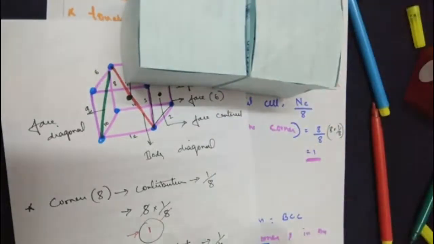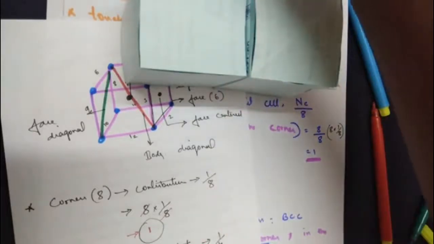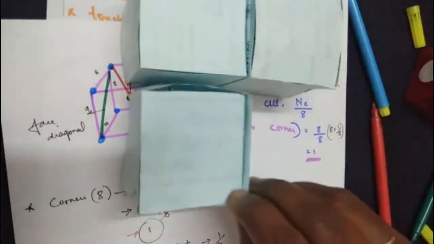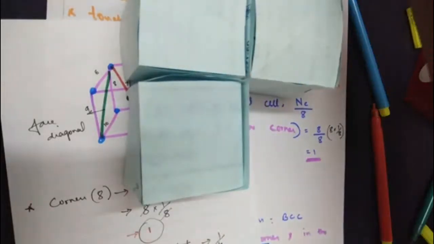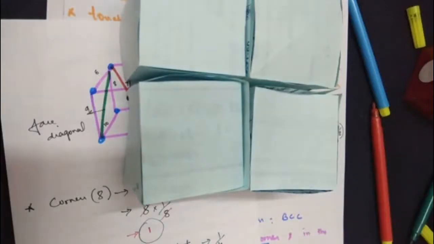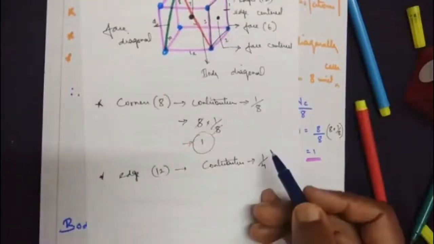Still, it's a 3-dimensional pattern we are talking about, so the structure is not completed. One more unit is being shared here, and similarly one more unit is being shared. So what's the point we are trying to say? For one edge, 4 units are sharing 1/4 of their edges to make a whole unit. So the contribution by the edges is equal to 1 by 4.